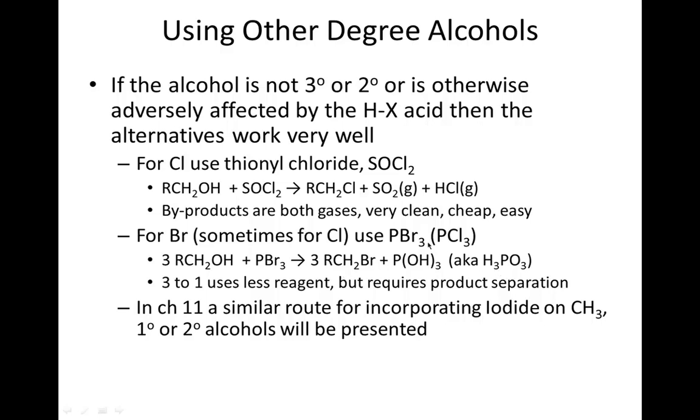And like I said, you could use the PCl3, and so if you had problems dealing with these gases for the chlorine, then you could use PCl3 instead, and then you just have to deal with purification again. So these are both common reagents. The downside for this is that there's no similar thing for iodine, so we'll learn about that in the next chapter if you want iodine on a primary or a secondary alcohol.